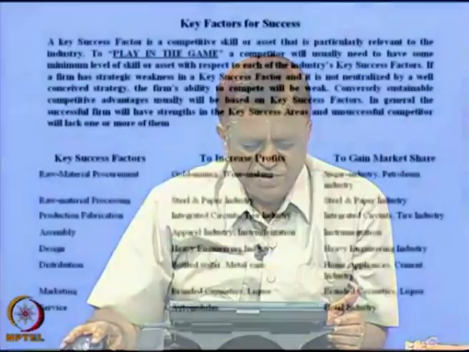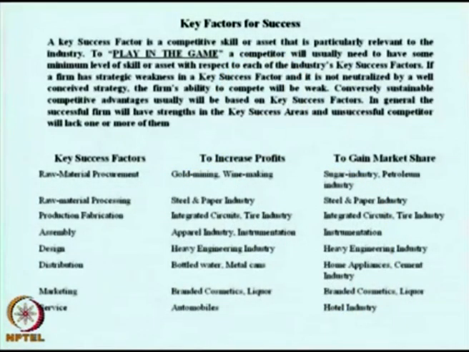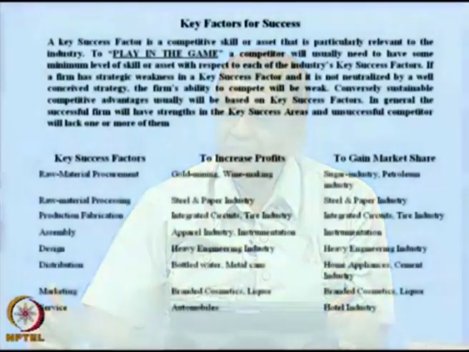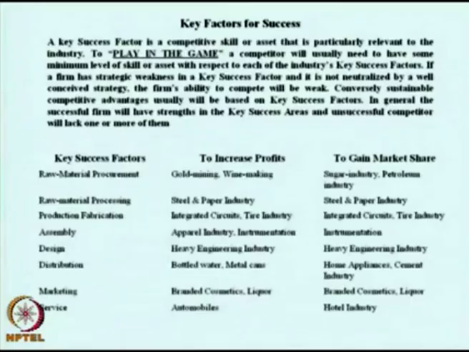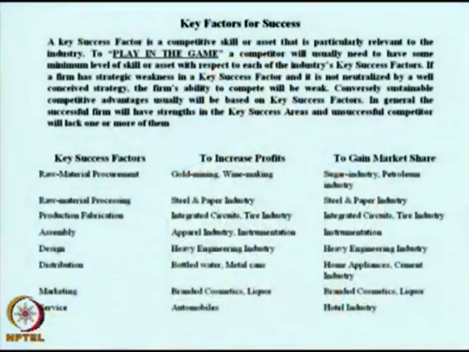You just look at the next thing which is listed there, that is raw material processing, which can be vital to increase profits for the steel and paper industry, and again to gain market share for the same industries. So, the raw material processing that you go through can be extremely vital. Similarly, production fabrication is extremely vital for the IC industry, integrated chip.